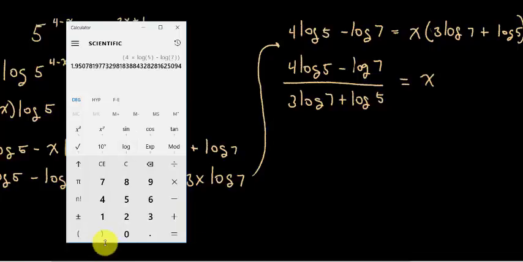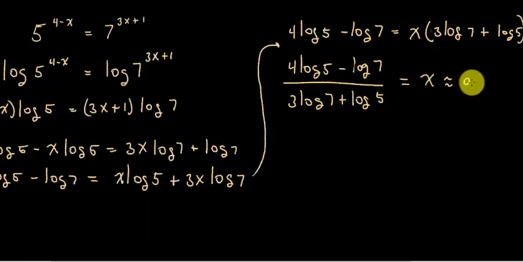Now I'm going to divide by, in parentheses again, 3 times log base 10 of 7, plus log base 10 of 5, close my parentheses, and hit equals. I get 0.603, so x is approximately equal to 0.6. And so this is approximately my answer.